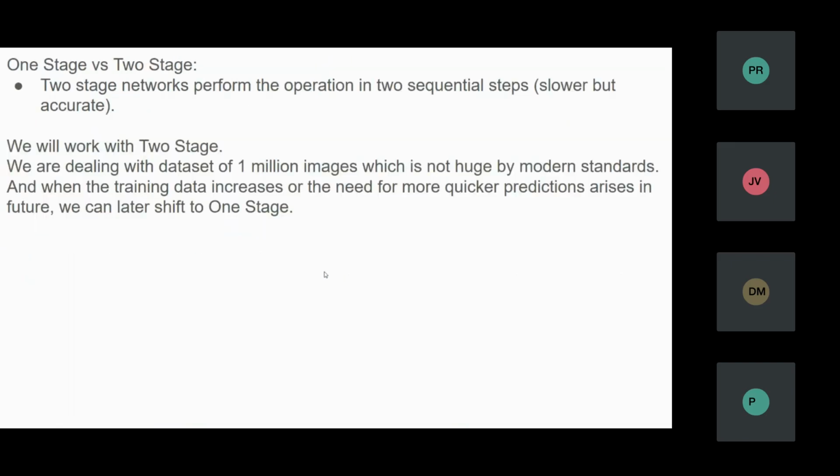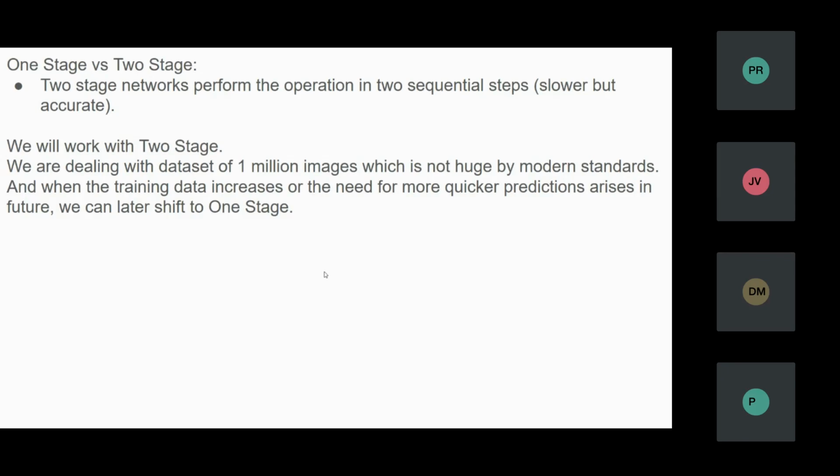In comparison of one stage and two stage, the two-stage network performs the operation in two sequential steps, which is slower, but it creates accurate results. For the rest of this topic discussion, we will be using a two-stage network, and we are dealing with a data set of 1 million images, which is not large by modern standards for bigger companies.